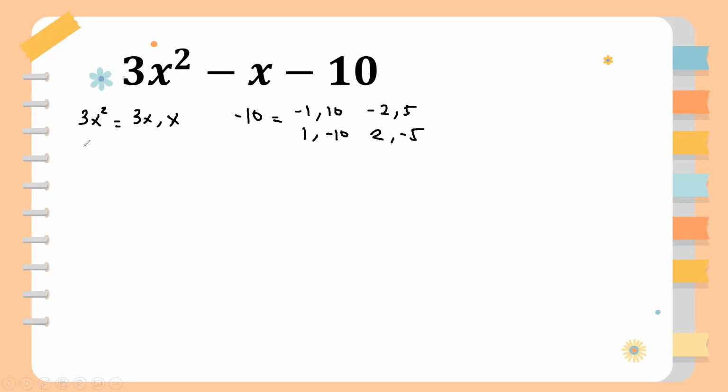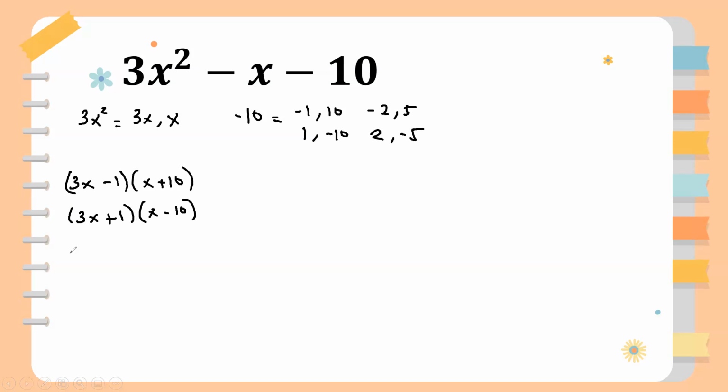Then after that, i-combine na natin. So ito na yung first natin, first term dito sa binomial natin. So we have 3x minus 1 times the quantity of x plus 10. And then 3x plus 1 times the quantity of x minus 10.